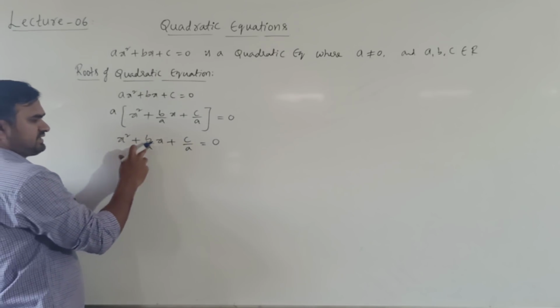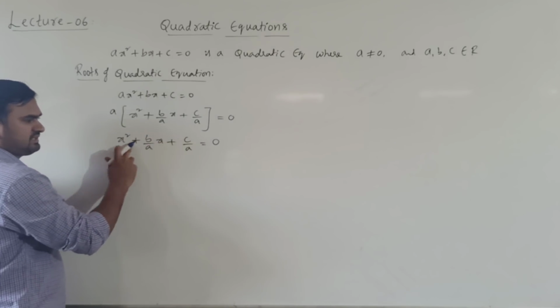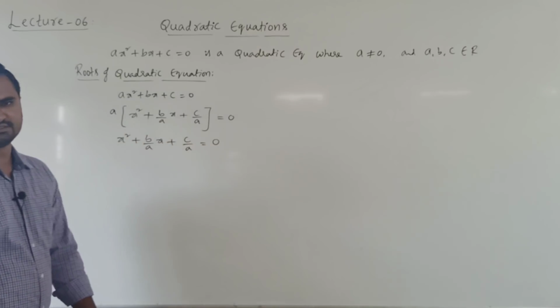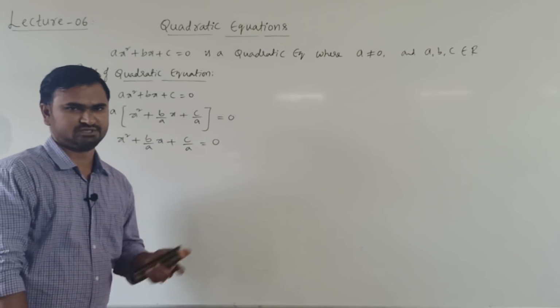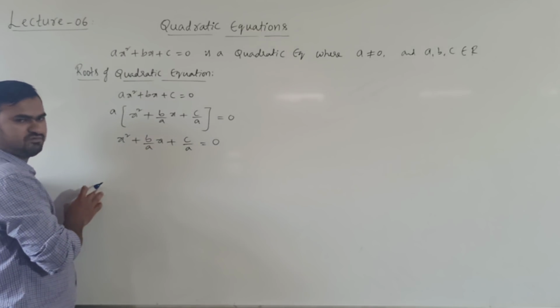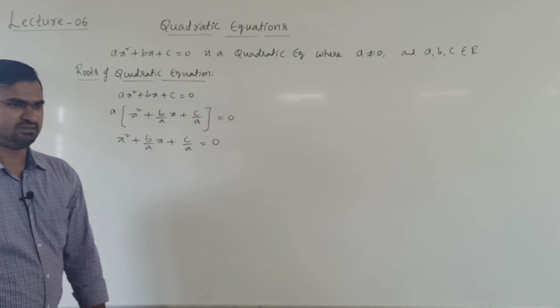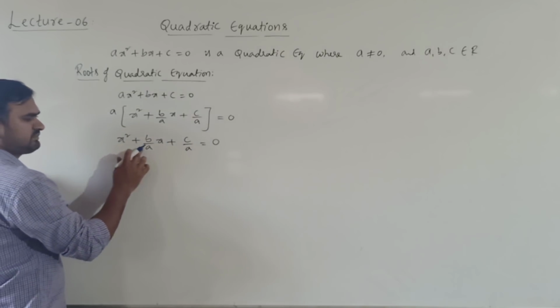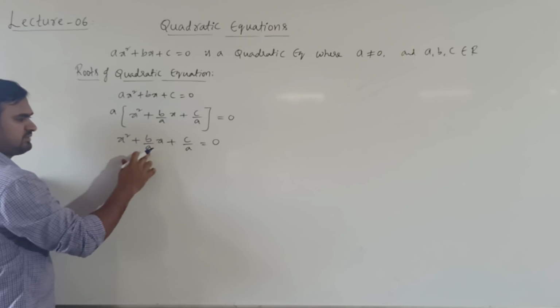So we have x square and x term. For finding the x value, I will complete the square. Once we complete the square, we can separate the x term on one side and the remaining terms on the other side. So how do we complete the square? Write it in the form a plus b whole square or a minus b whole square.